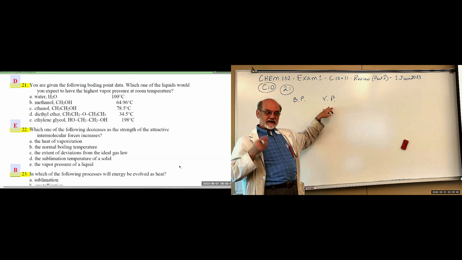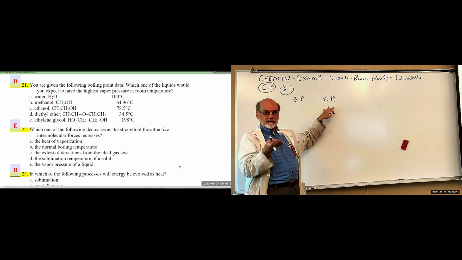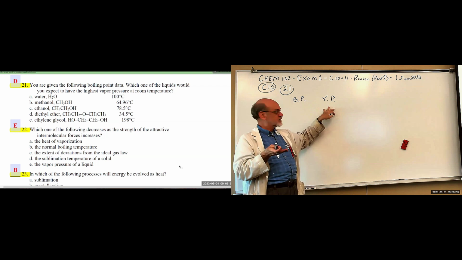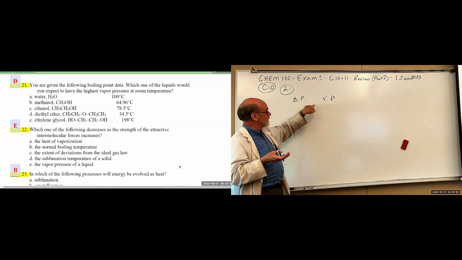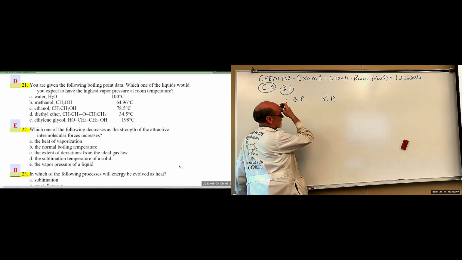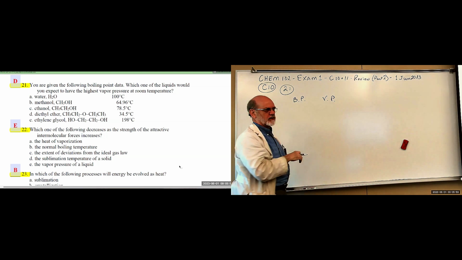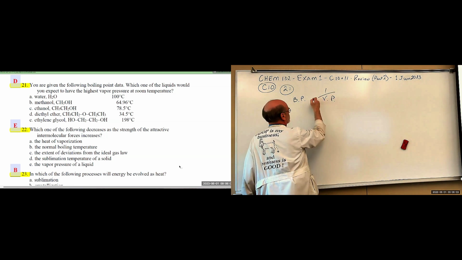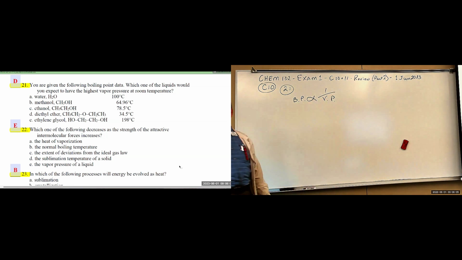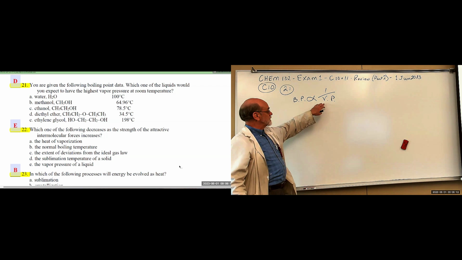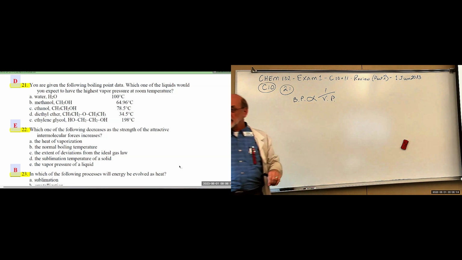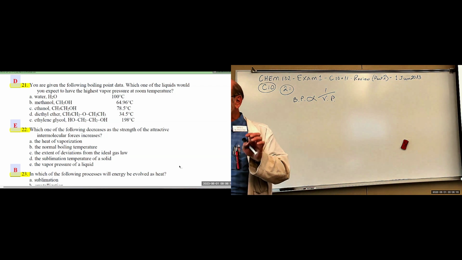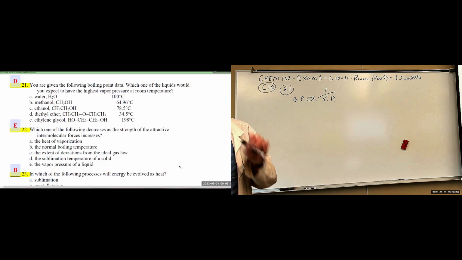It's more difficult. They need more energy to leave the surface of the liquid into the vapor phase. So these are inverse of each other. That's the way we do it in symbology. Vapor pressure is inversely proportional to boiling point because of the way the intermolecular forces work.